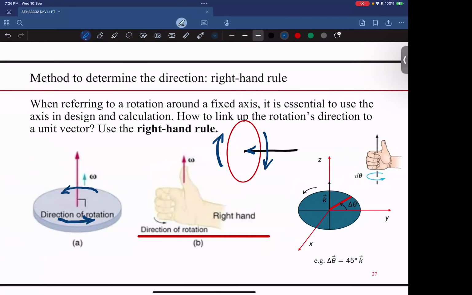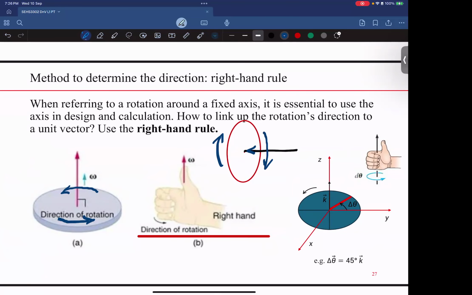Once we got this relationship, we find that with this arrow, we can use a vector to describe the rotation.